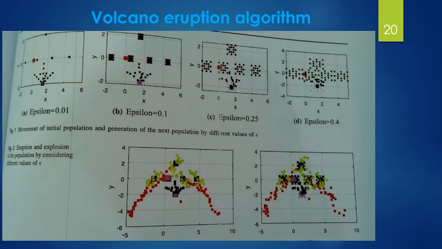Mathematical simulation is just like this. We have some initial solutions, and after a while we have an explosion in the space, and in the next step we have some solutions which come down, finding at least optimal or better solutions.